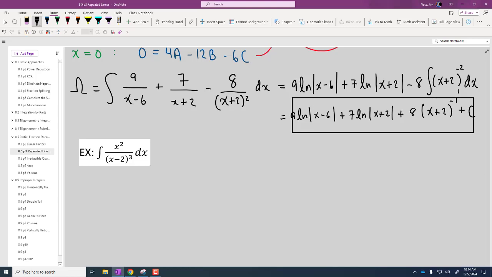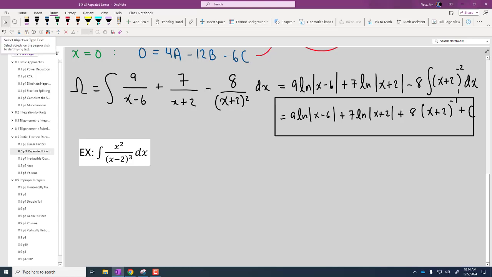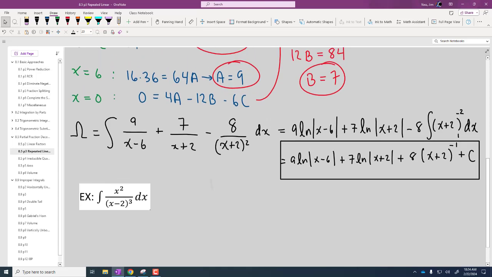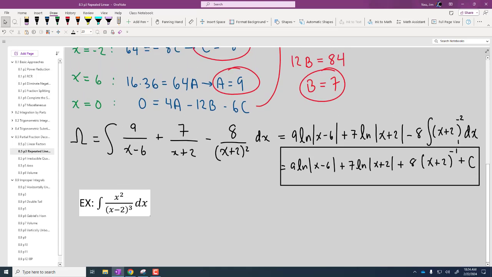All right, any questions on that whole business? Yep, go ahead. I probably missed it, but when you put the integral with x plus 2 and you put it to the -2... So this power is positive 2 in the denominator. Okay. So we can always move factors up and down, and if we move a factor up or down, it changes whatever the sign is on that exponent.